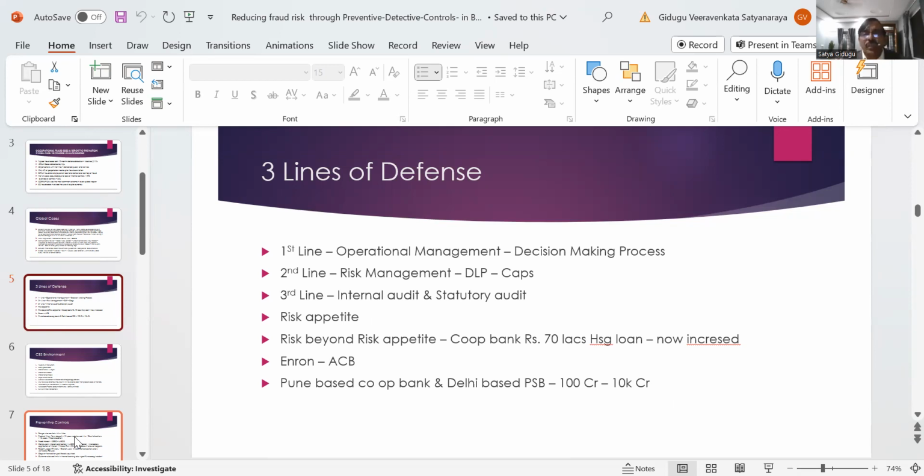Like Cosmos, I should not name the bank. A Pune-based bank came with a cyber incident 6, 7, 8 years back. The bank survived because the bank lost 100 crores, and the net worth of the bank is more than 100 crores. And in a Delhi-based bank's Broadway Street branch, 10,000 crores is the loss.